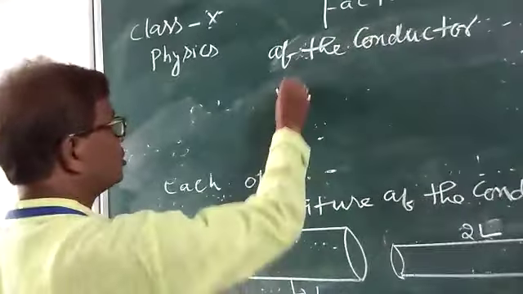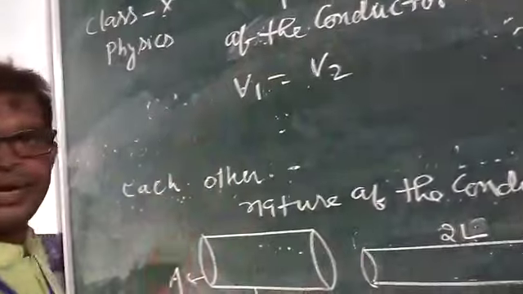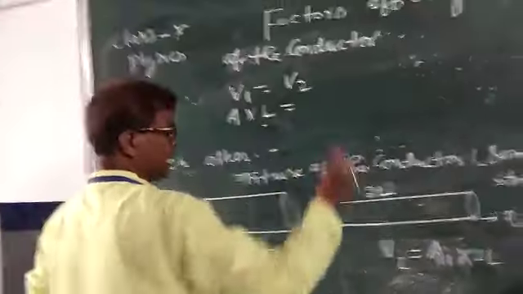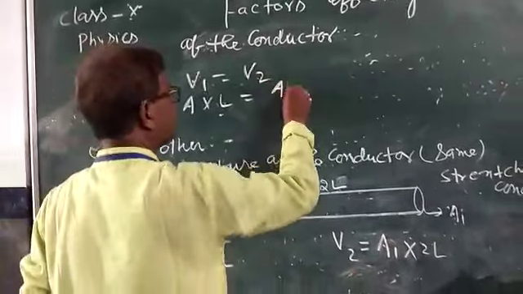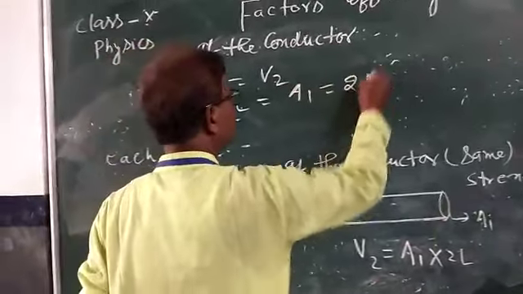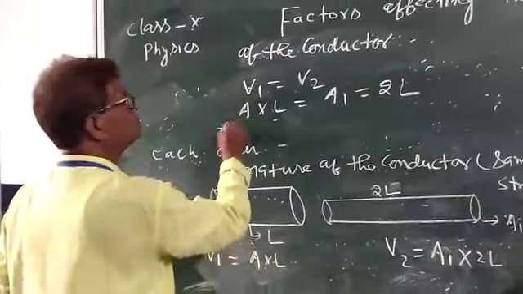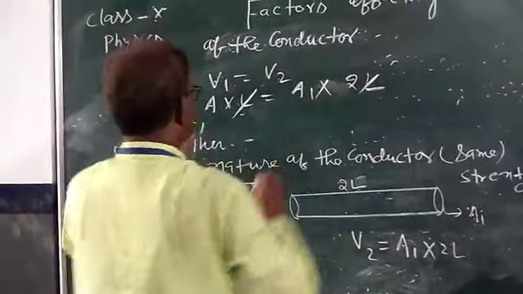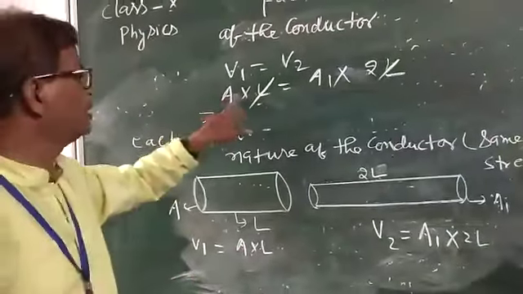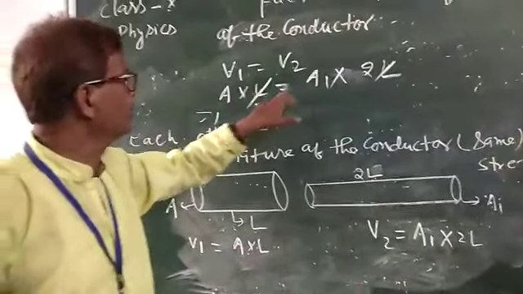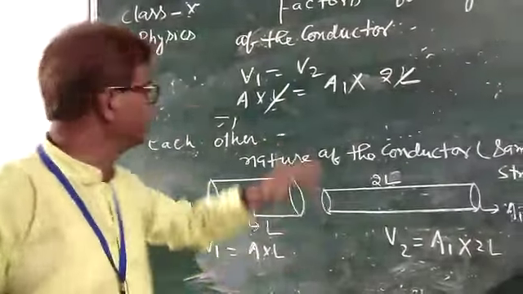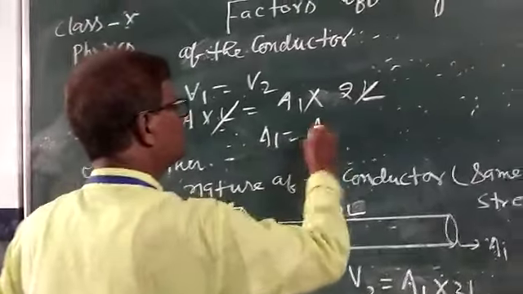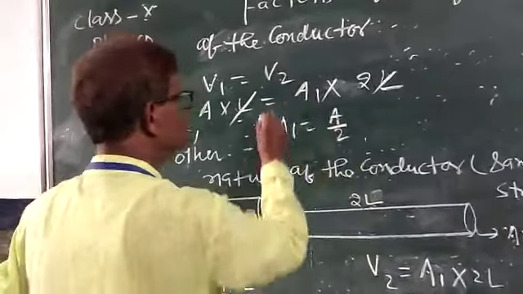According to this law, V1 is equal to V2. So A into L equals A1 into 2L. L and L cancel. Therefore, A1 is equal to A by 2.